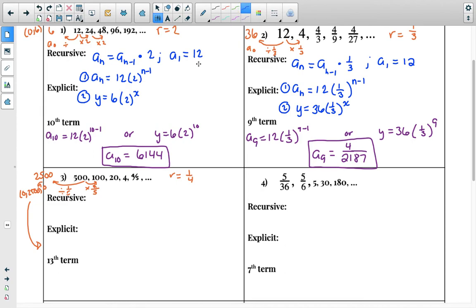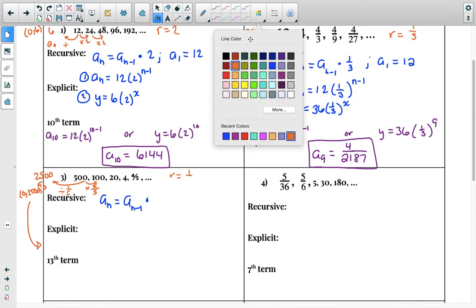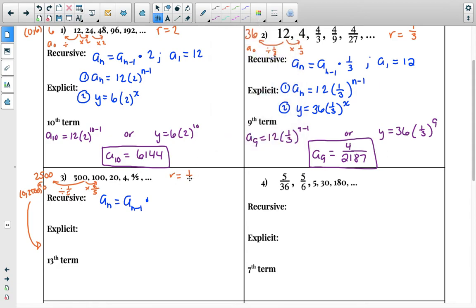So recursive is next: a sub n equals our now, a sub n minus 1, times our 1/5. Did not mean to put 1/4 here. That's supposed to be 1/5. So a sub n minus 1 times 1/5, starting at a sub 1 is 500.